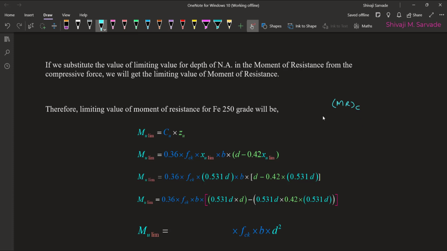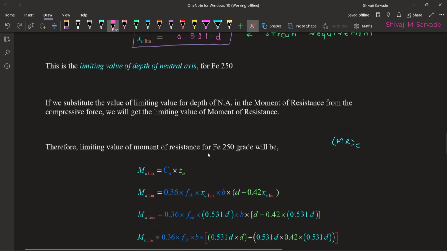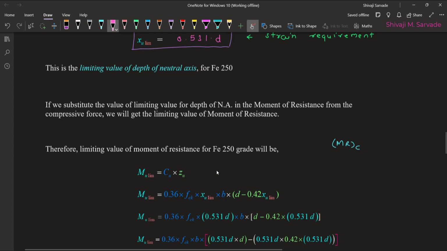Since I know now the limiting value of XU comes out to be 0.531 times effective depth, I can find the limiting value of moment of resistance, or the maximum moment of resistance that the singly reinforced beam can resist. That will come in detail subsequently, but for the time being we are interested in getting the design constants. So let's calculate the limiting moment of resistance for Fe250.